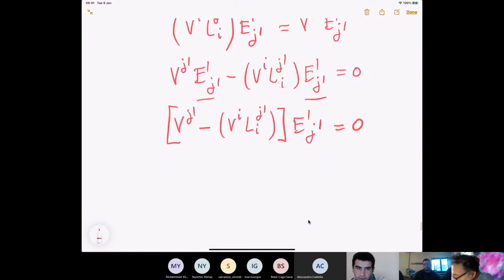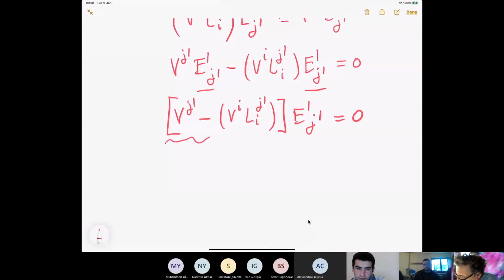Now, the question is, what can we say about these coefficients? Remark, here on the left, we can call this alpha j'. We have a linear combination of the vectors e'_j', and this linear combination gives you 0.